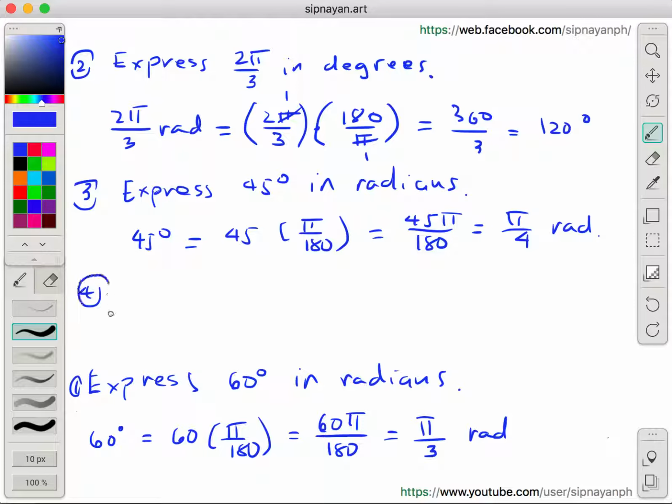And the example 4, our last example, will be express just pi over 6 in degrees. No?